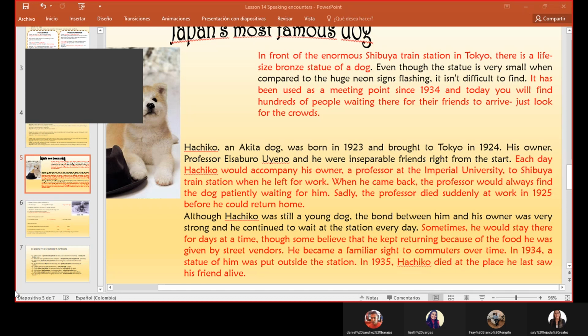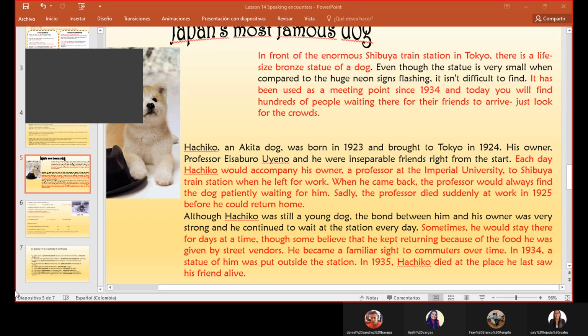Each day, Hachiko would accompany his owner, a professor at the Imperial University, to Shibuya train station when he left for work. When he came back, the professor would always find the dog patiently waiting for him.